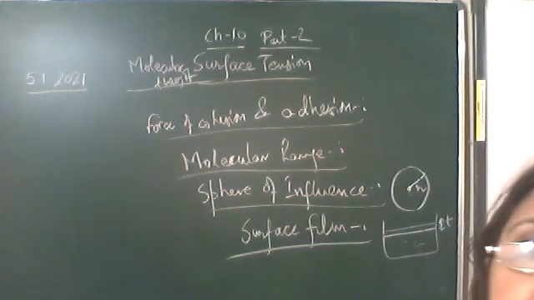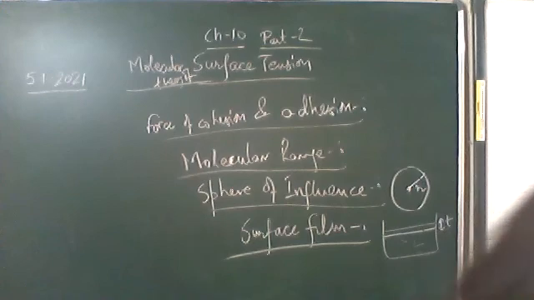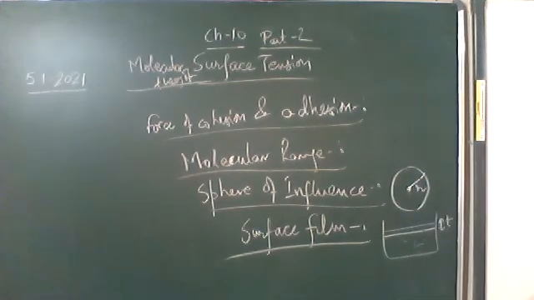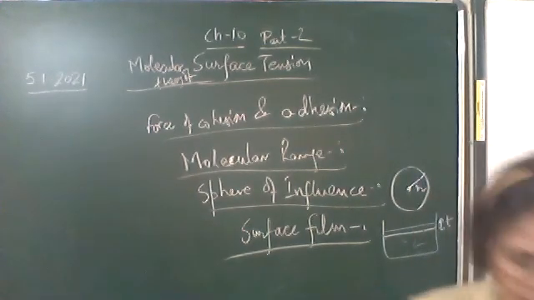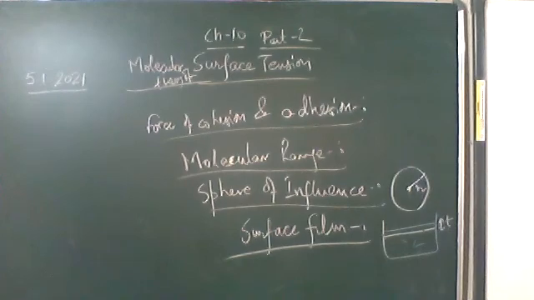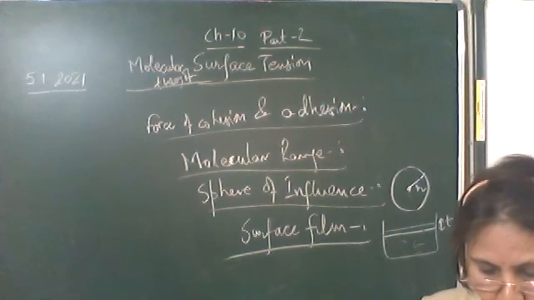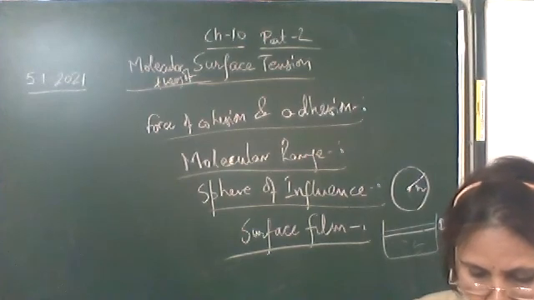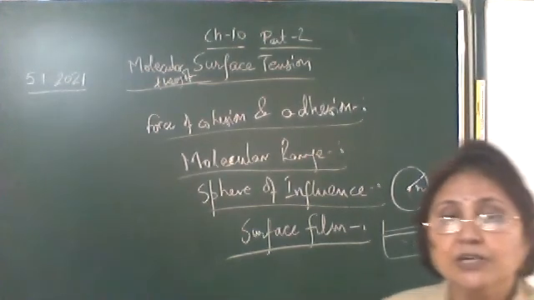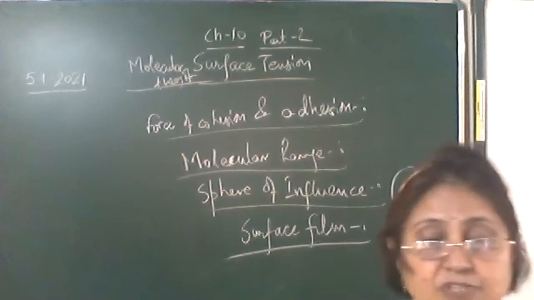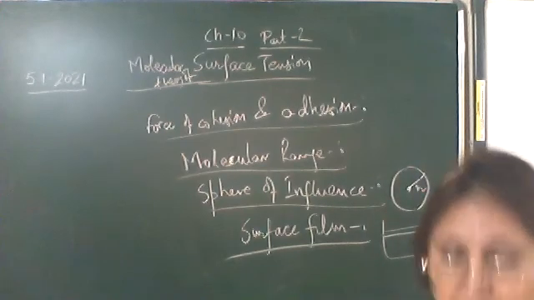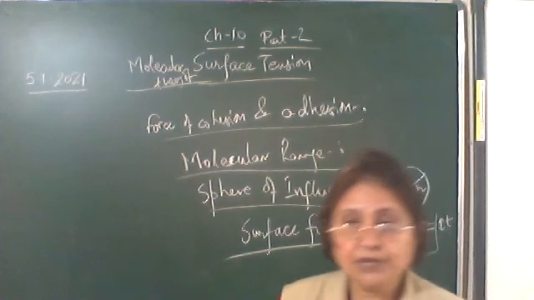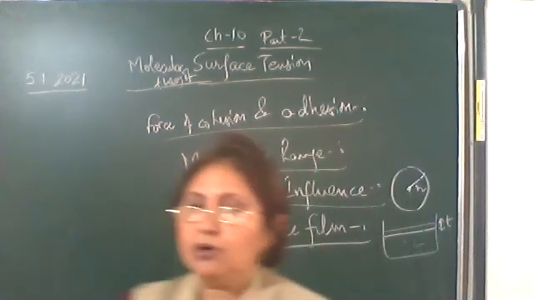This maximum distance we call the molecular range. Then sphere of influence: if we draw a sphere around a molecule whose radius is equal to the molecular range, this sphere will be called the sphere of influence. And surface film is a thin film drawn on the free surface of the liquid whose thickness is equal to the molecular range.